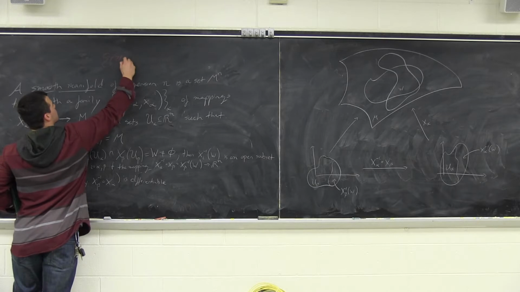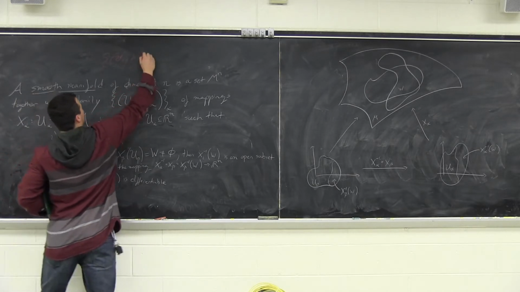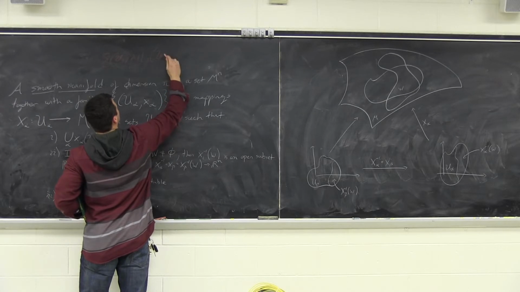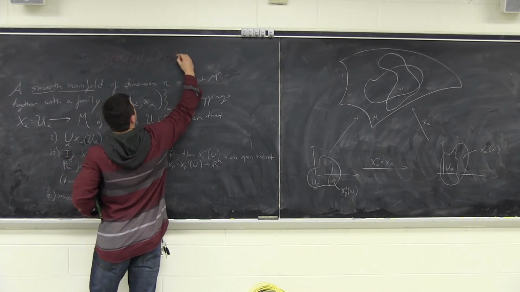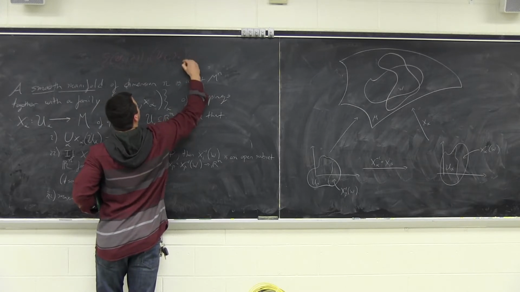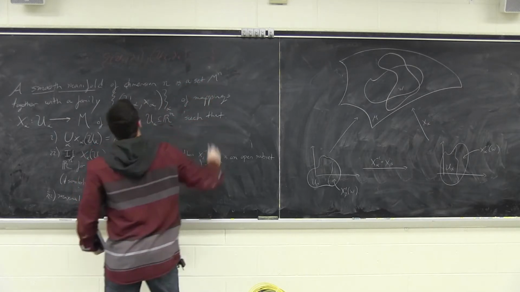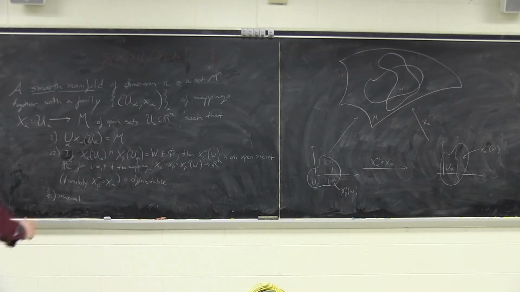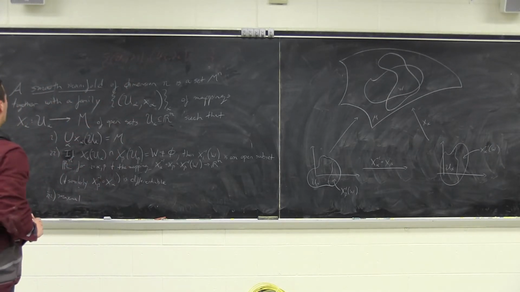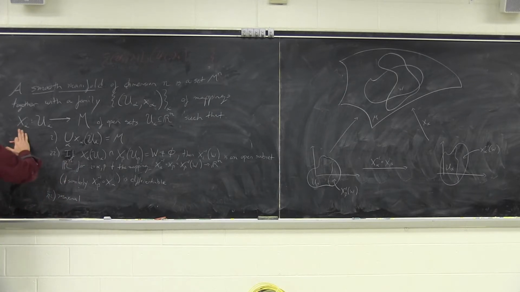(U1, X1), (U2, X2)... It's a collection of these things. This is a set of mappings, X alpha.